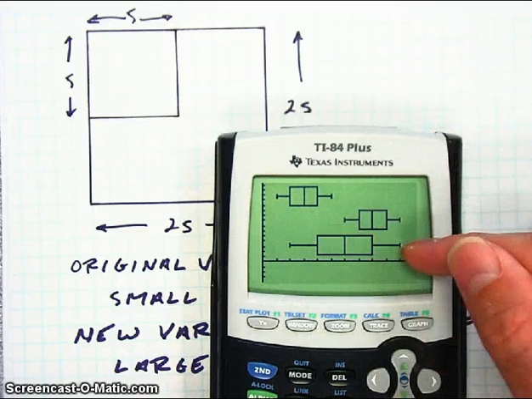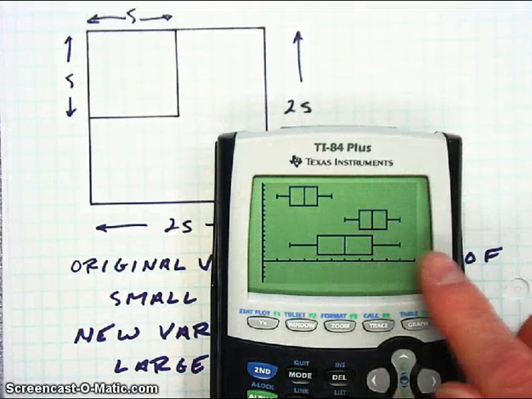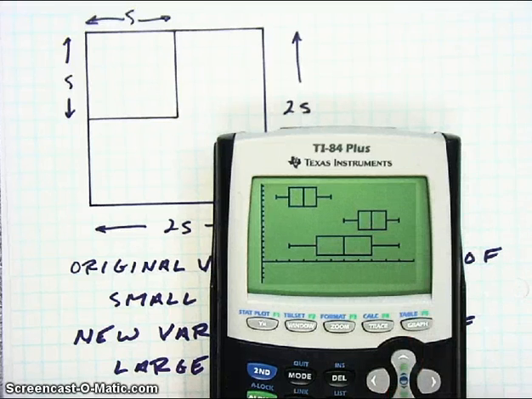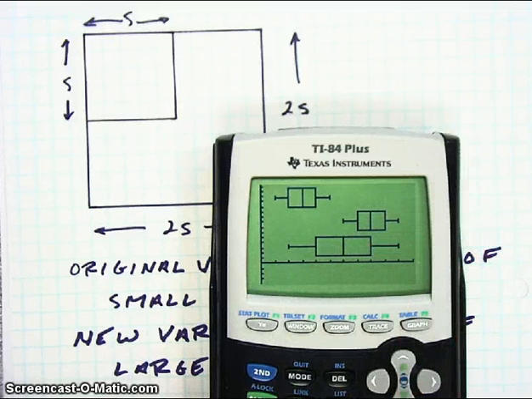The third box plot will have the same shape as the other two. It's symmetric, but everything is twice as wide, and that's what multiplying by 2 does to your data values, and it multiplies all of your measures of center and spread by 2, except again that variance, which gets multiplied by the square of whatever constant you multiply your data by.